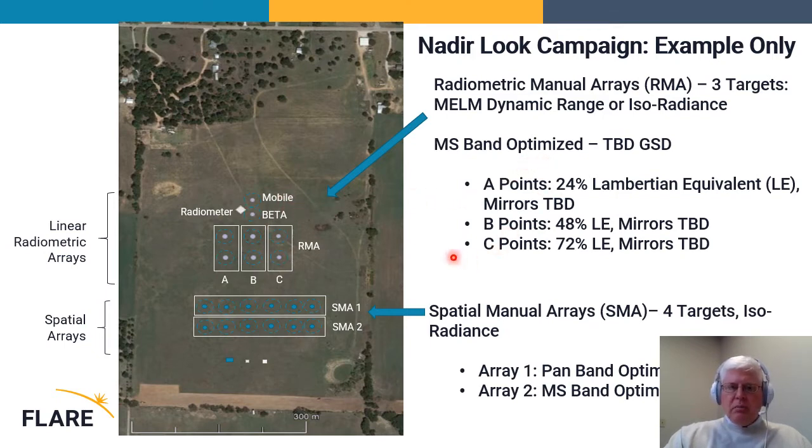These are multispectral band optimized for different types of Lambertian equivalent, or LE, signal levels. And then we have spatial arrays, which are specifically set at specific distances or specific sizing for different types of band targeting, pan and multispectral, or different sensors going over at the same time with different GSDs.